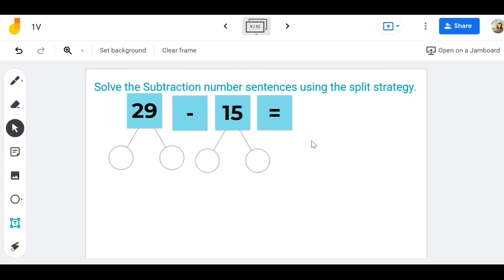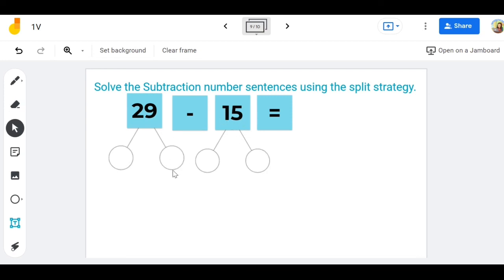Okay, and then another one just to practice. So solve the subtraction number sentence using the split strategy. So the same thing. And I really want you to use your strategies and show me your work. So I know that some of you might be able to count back, which is excellent, a great strategy. But because it's a bigger number, we've got to subtract 15.